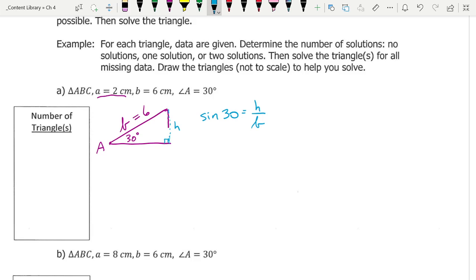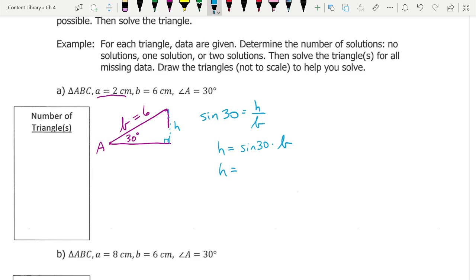So, by rearranging this using my cross-multiply skills, h is equal to sine 30 times b. And in this case, b is 6.